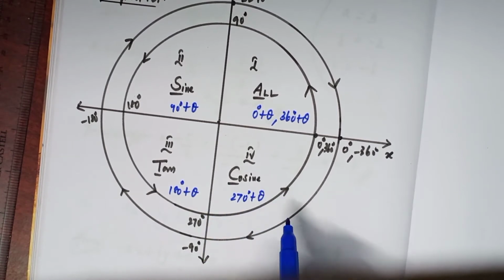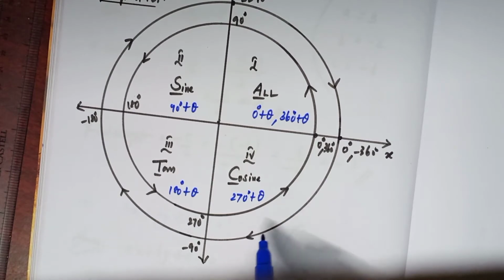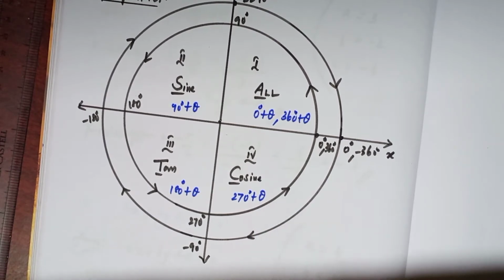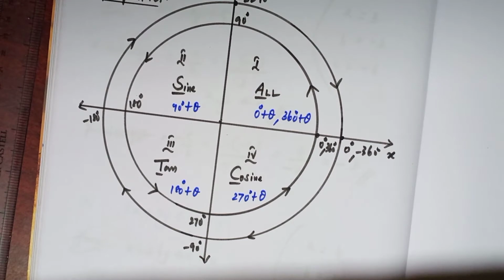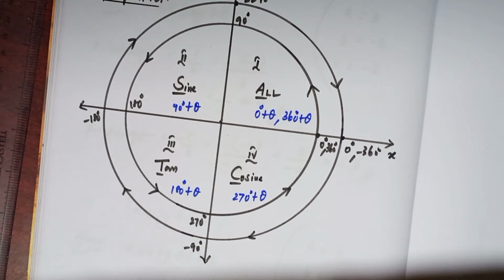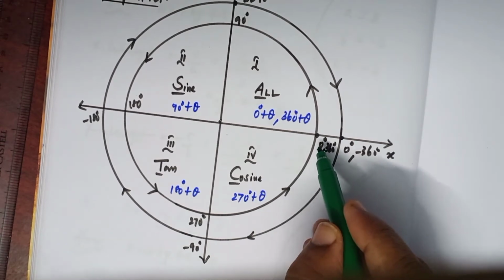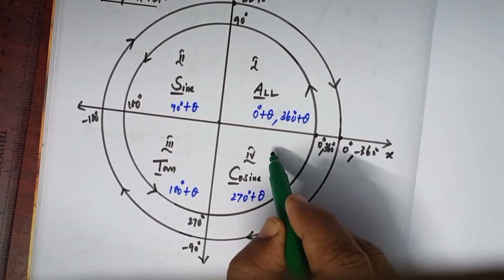Now we can take the angle in clockwise direction. Okay, here 360 degree, 360 degree minus theta here.